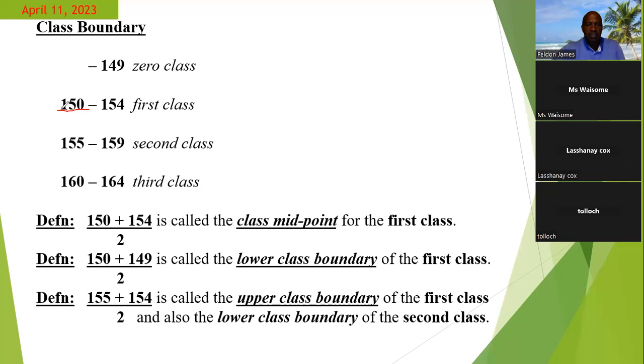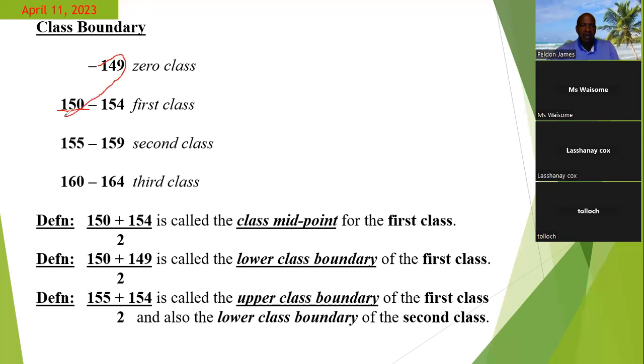So which number would come before 150? Clearly we would have 149, then 150. So we can assume that if there was a class before that first class, the upper limit of that class would be 149. And so to find the boundary then, we would use that 149.